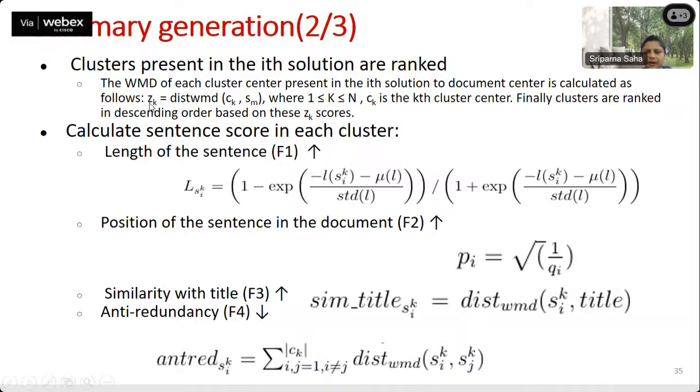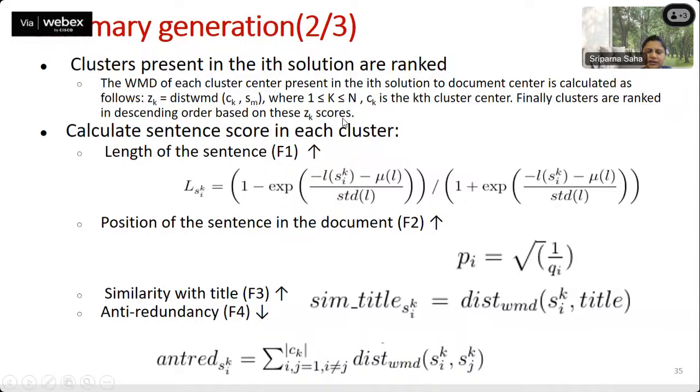If zk is small, then the ranking is high, so it will come first in the ranking order, and if zk is large, then it will come last. So basically, zk is the distance between the cluster center and the document center, and clusters are ranked based on the zk scores.